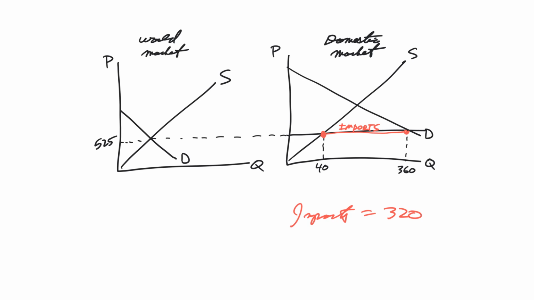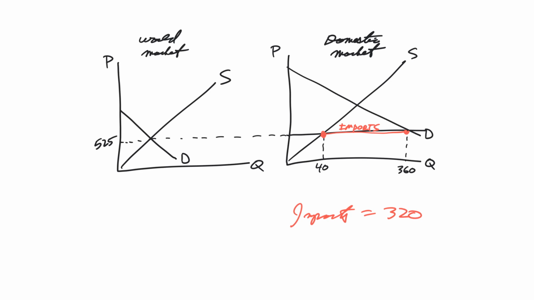Now the question says that this domestic country, I think that's Zambia in the question I'm looking at, though you may have gotten a different scenario, different country, different goods, different numbers, but it's the same type of problem. It says they want to bring imports down from 320 to 80.